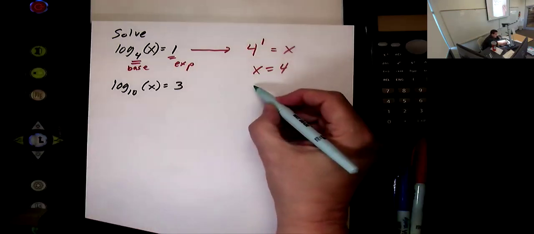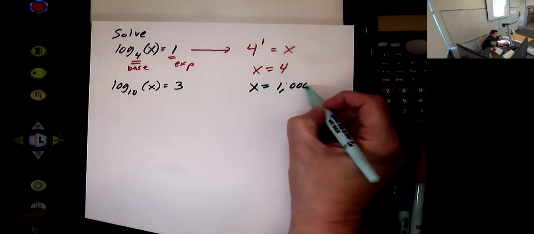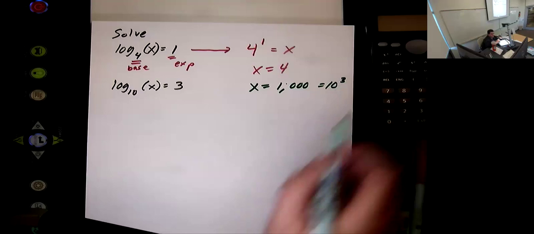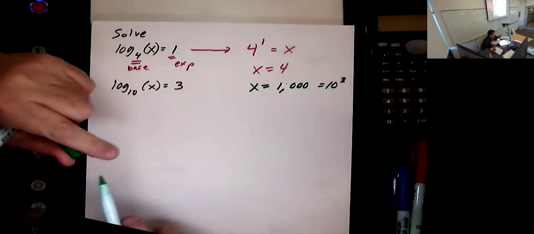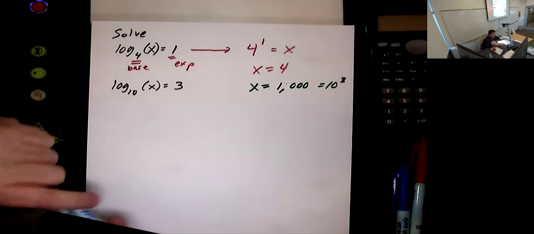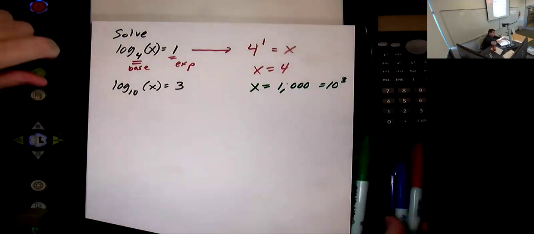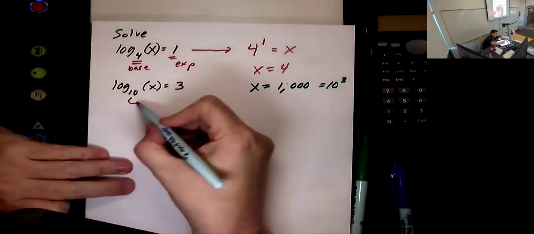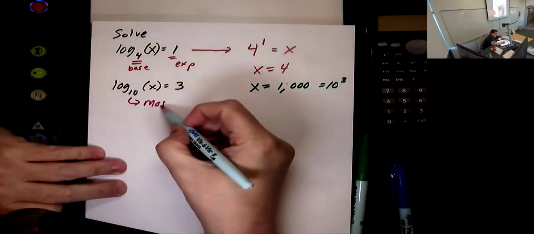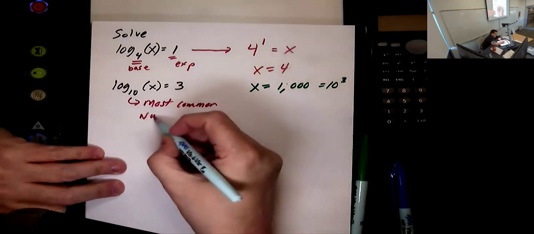Do you guys get 1,000? It's 1,000, which is 10 cubed. Hopefully you got 1,000. Base 10 is one of our most common ones. It is the most common, and it's based on our numerical system, which is base 10.